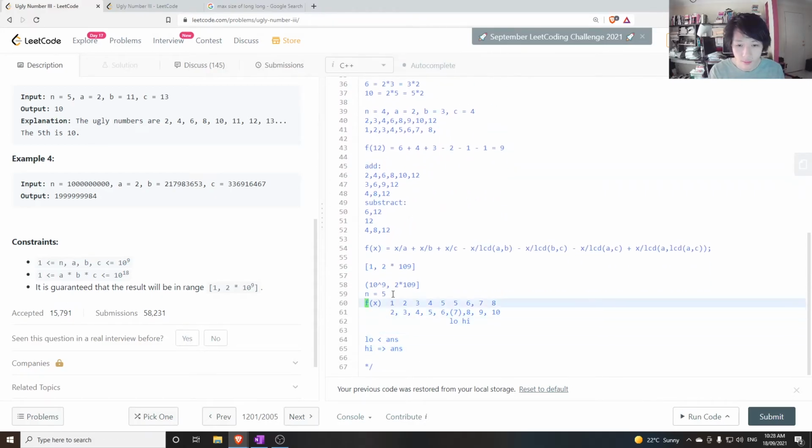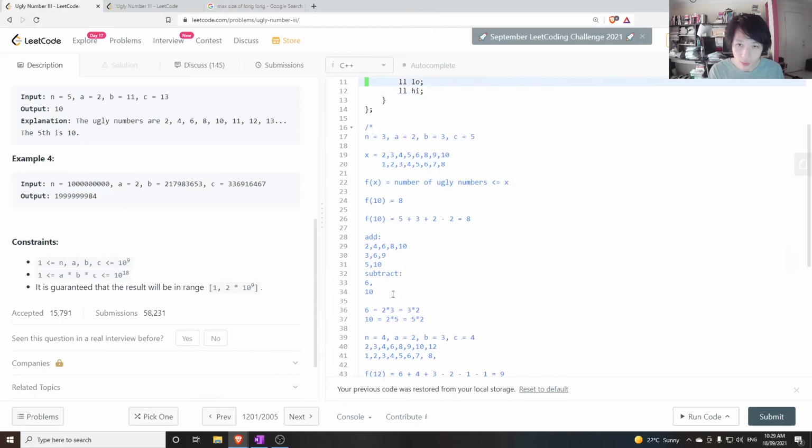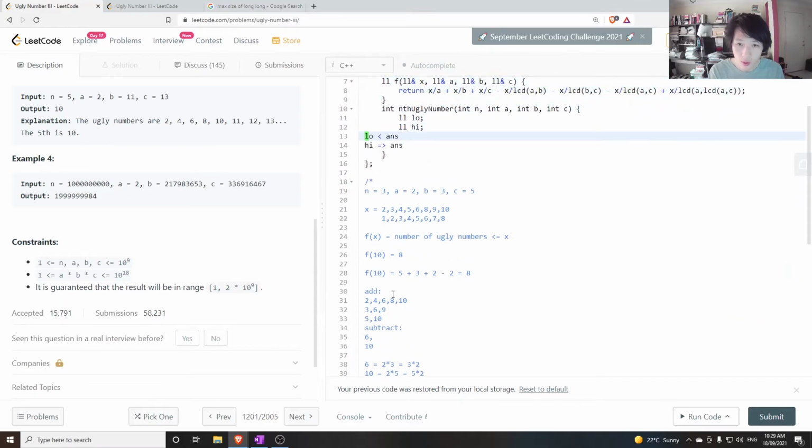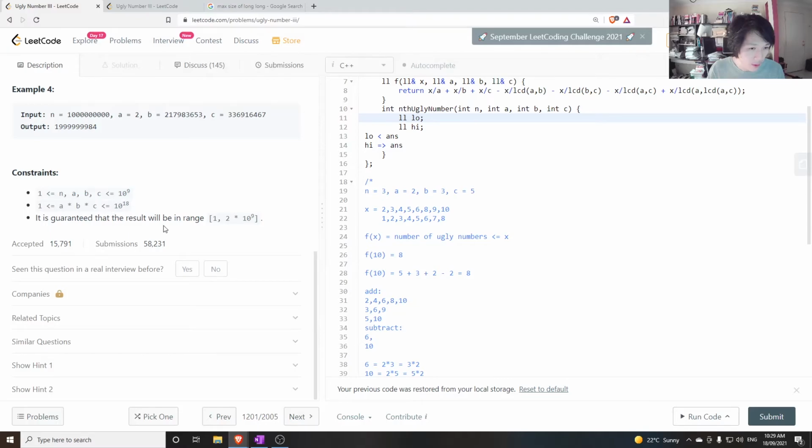Let's copy that and put it here. Okay, we'll delete it later. So if low is less than the answer, then the range is this, right? That means low will definitely be less than the answer if low is equal to 0, because the lowest number in the range is 1. So make this 0, and so this is less than the answer.